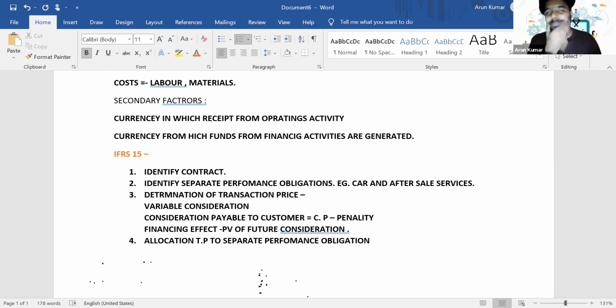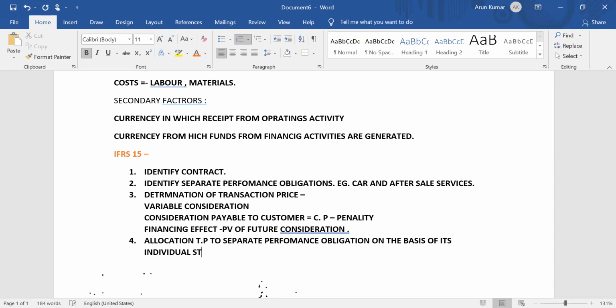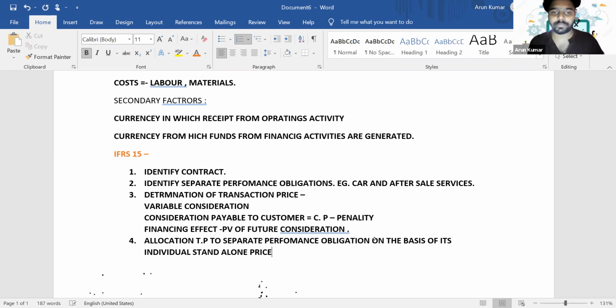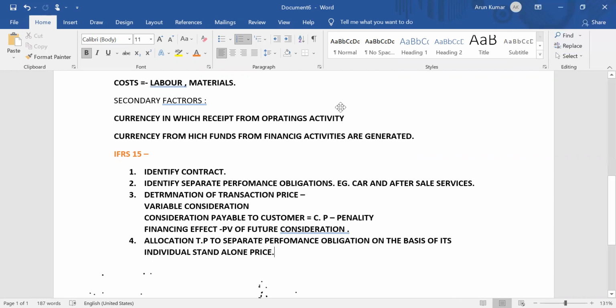Whatever the transaction price is, we need to allocate that revenue between the car and the after sales service on the basis of their individual standalone selling prices. Are you getting it? Can you reply in the chat, guys?